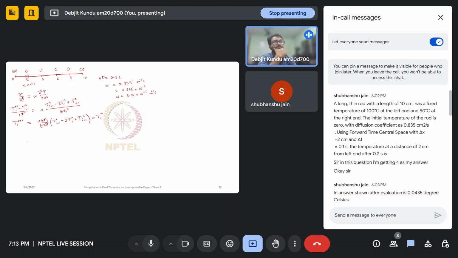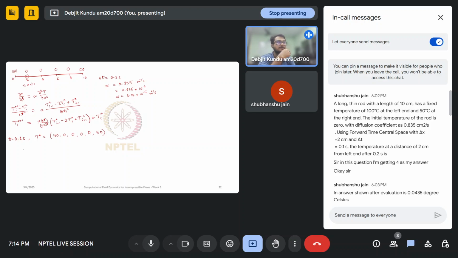Right. So now let's solve for the first time step, when t equals 0.1 second. For this case, my Tn is equal to 100, 0, 0, 4 zeros, 50.